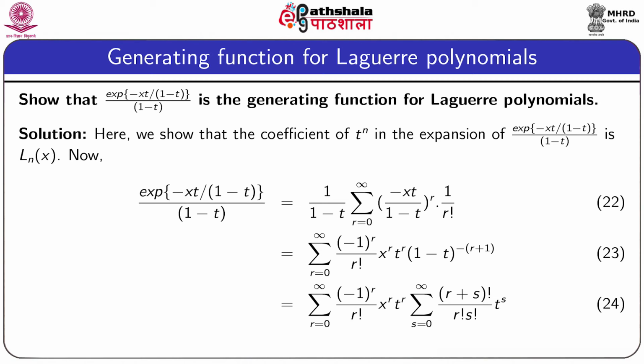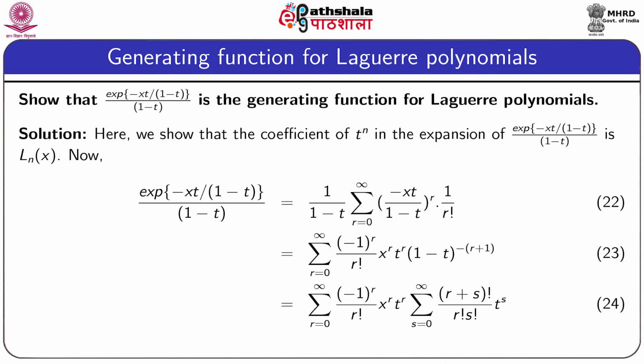We consider the expression exponential minus xt divided by 1 minus t, divided by 1 minus t, which is equal to 1 by 1 minus t summation r equal to 0 to infinity minus xt divided by 1 minus t whole to the power r into 1 by r factorial.